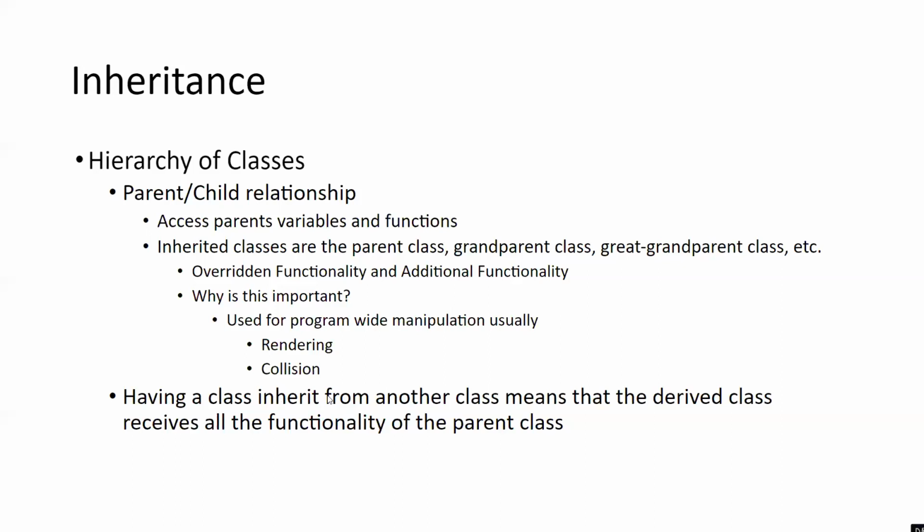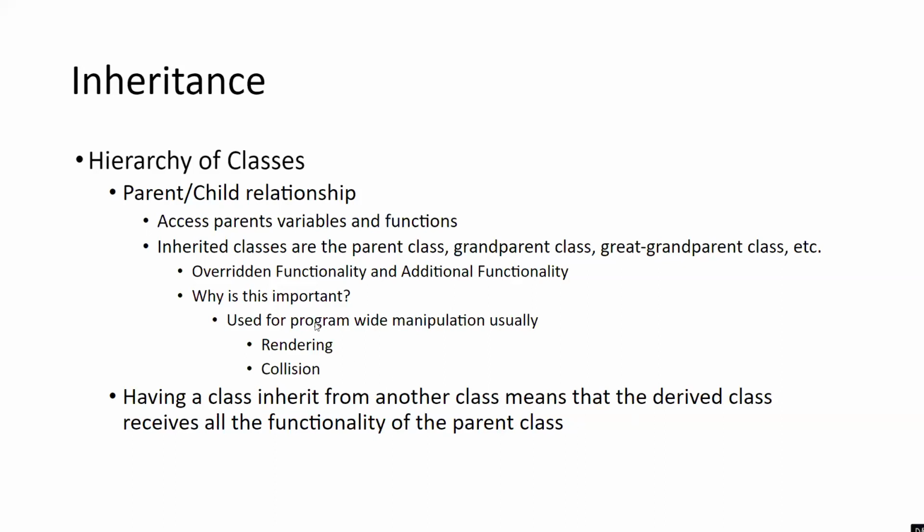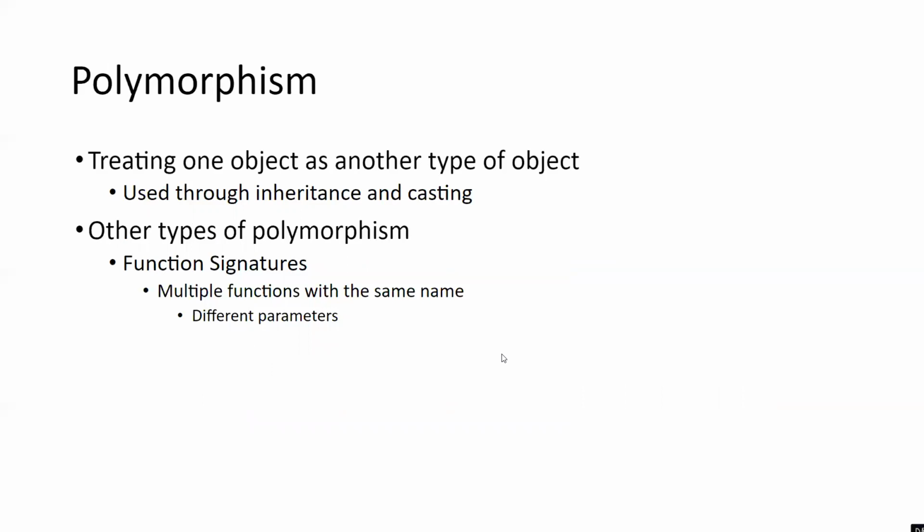And then having a class inherit from another class means that the derived class receives all the functionality of the parent class. And through overriding, they can change that functionality, or they can add additional functions if they wanted to add more functionality to the inherited class. Okay, so that's inheritance.